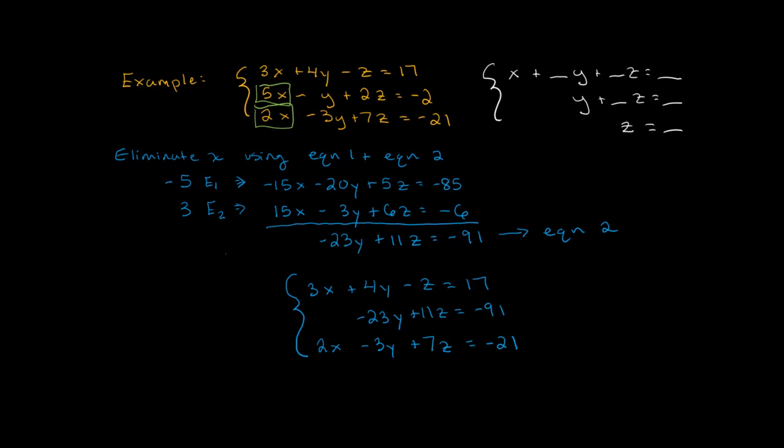Now you may possibly be thinking here, well, what if that first equation with 3x, we got rid of the 3 to put it in the right form there, and then we started doing this elimination? And you can do that. I tend to not do that right away because often it gets fractions. So if we divided the first equation by 3, I'm now going to have a 4/3 y. I'm going to have a negative 1/3 z.